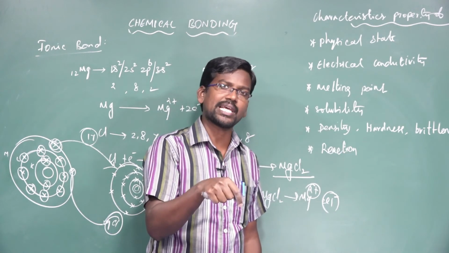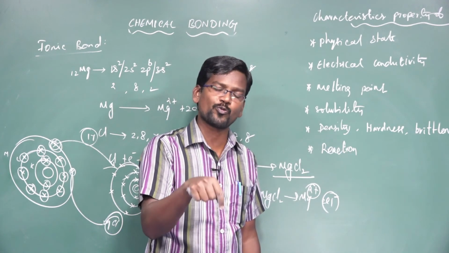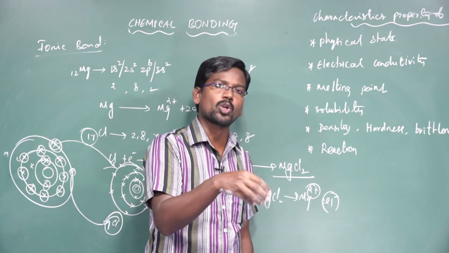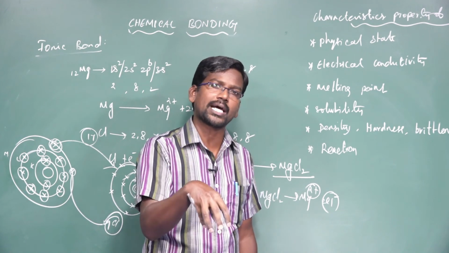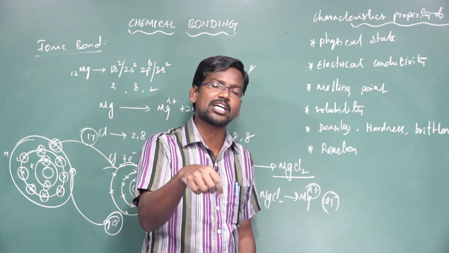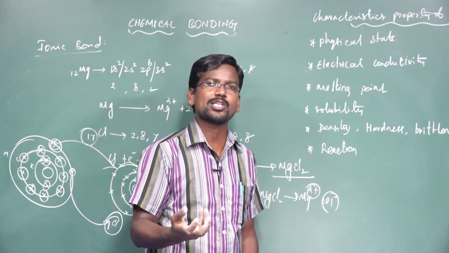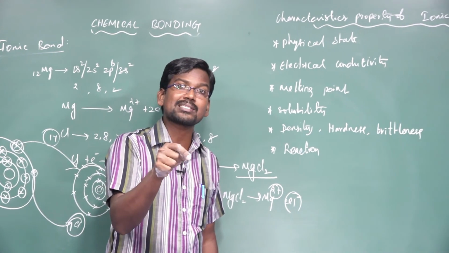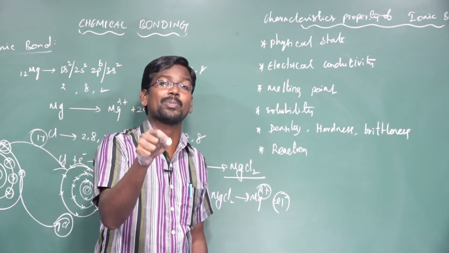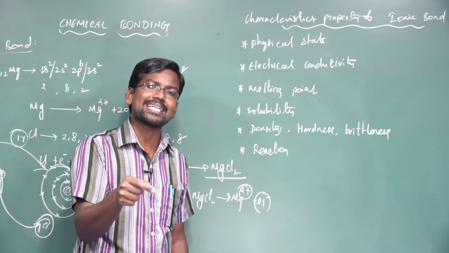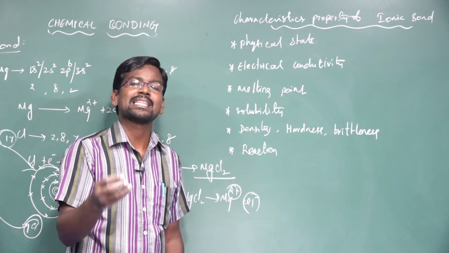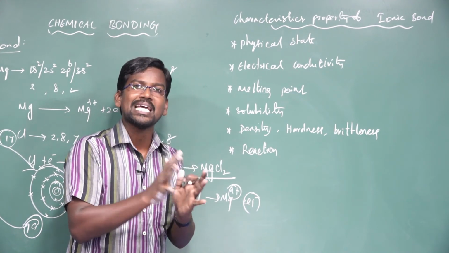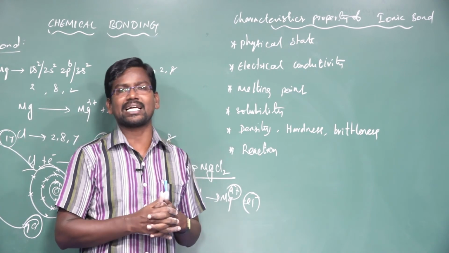But in solution state, dissolved state or fused state, they conduct. For example, sodium chloride is finely divided into powder, the powder is dissolved in water, then strongly stirred to form a sodium chloride solution. Sodium chloride solution is a good conductor of heat and electricity because the sodium chloride dissolves in water to form Na+ and Cl- ions. These Na+ and Cl- ions easily conduct heat and electricity.